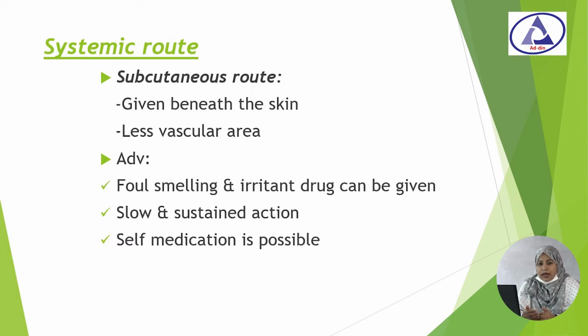It can give slow and sustained action. The advantages are that foul smelling irritant drugs can be given, and when we need slow and sustained action, like insulin, this route is chosen, and self medication is possible. You have seen that a diabetic patient takes insulin by himself or herself.